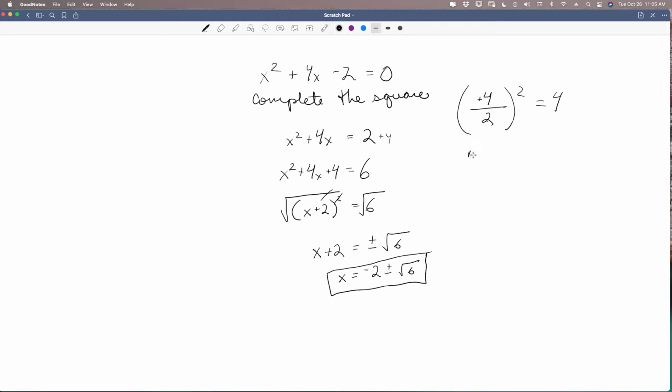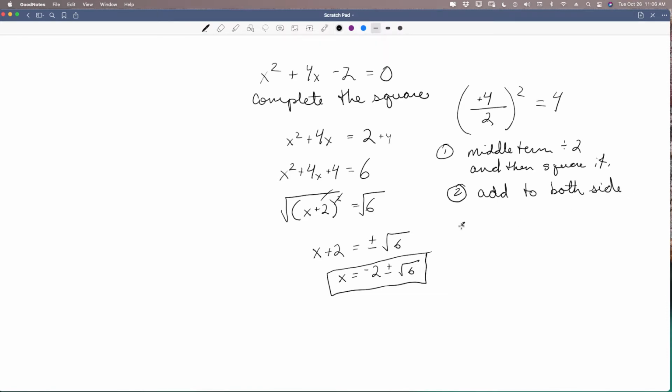We take the middle term and we divide by 2 and then square it. Then we add it to both sides. Factor to a perfect square.